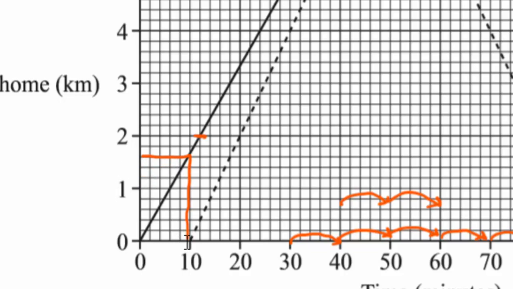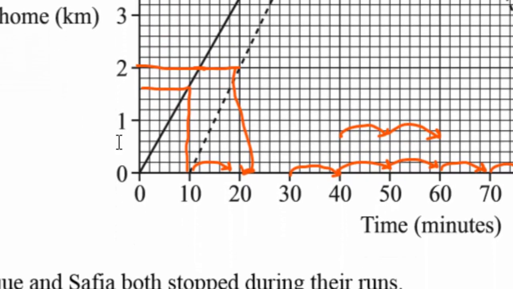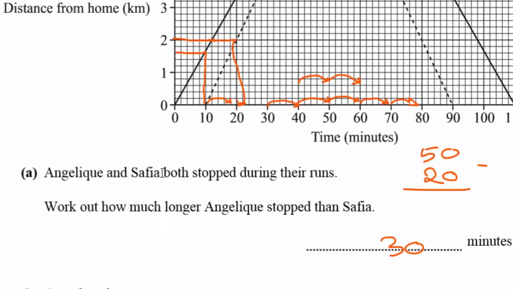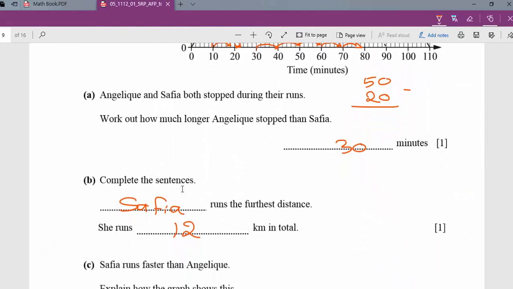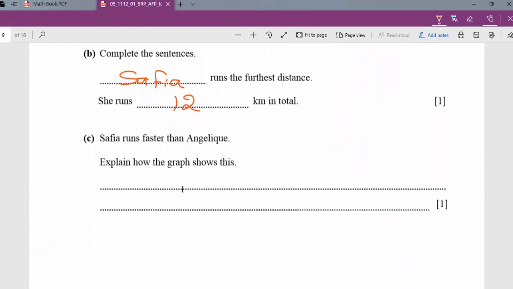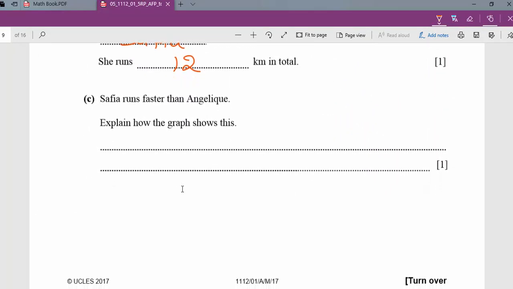Angelica by 10 minutes goes 1.6 kilometers. But Safia by 10 minutes, 10 minutes is here for Safia, from 10 to 20, Safia goes 2 kilometers by 10 minutes. So you can just write this to show that Safia runs faster. Because Safia runs 2 kilometers in 10 minutes, but Angelica goes 1.6 kilometer in 10 minutes.